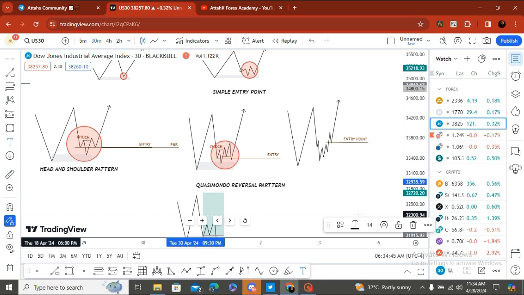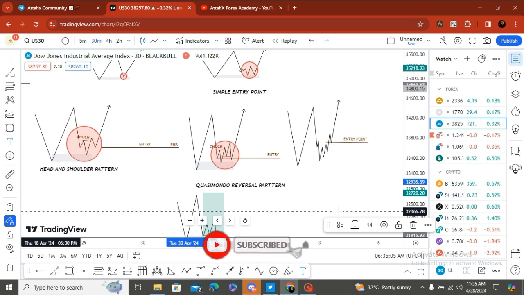I'm going to give you a chart example. It happens, I won't say 100% of the time, but at least 70 to 80% of the time. I have backtested this particular simple entry point pattern on the lower time frame, and it works like magic.